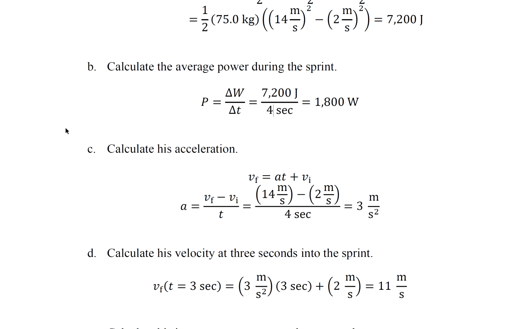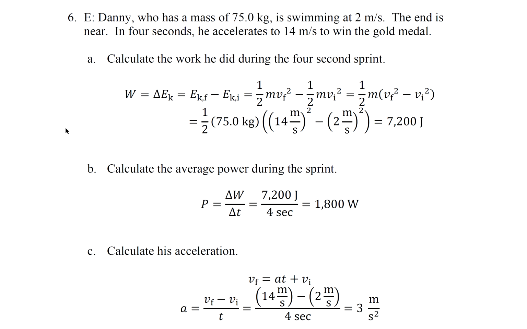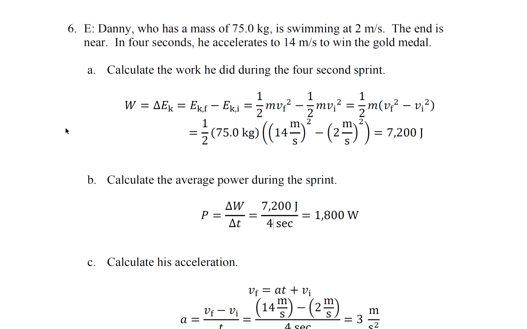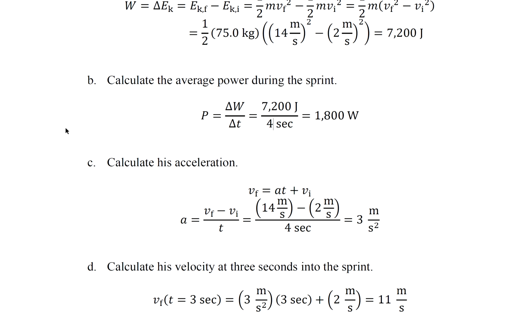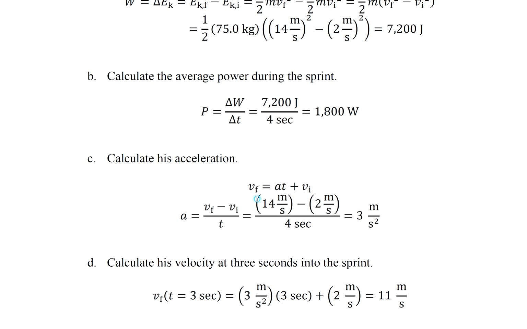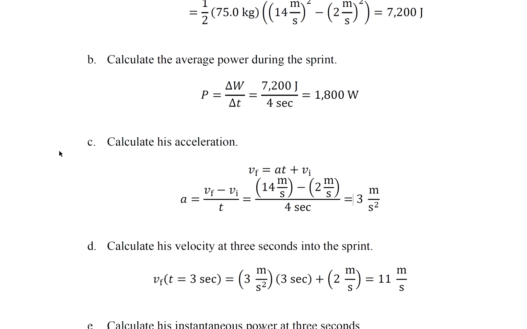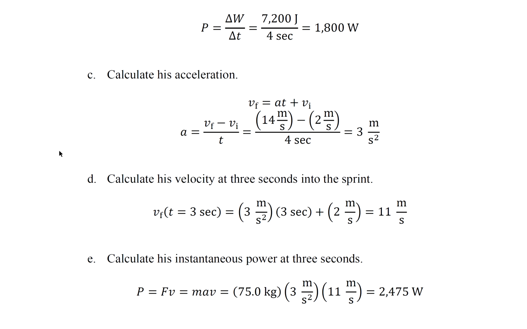Part C, calculate his acceleration. We were given V initial and V final. And we were given time, 4 seconds. So this is all given to us. Part D, calculate his velocity at 3 seconds into the sprint.